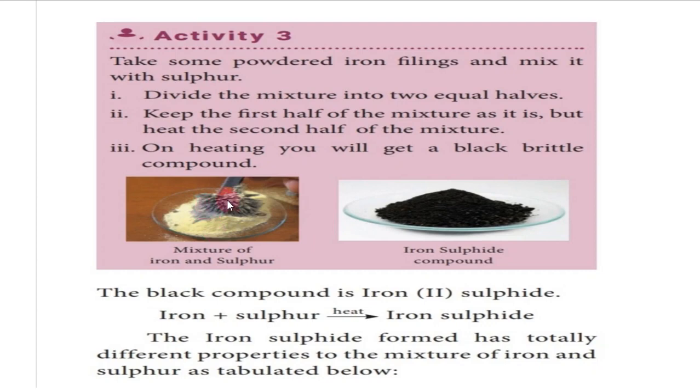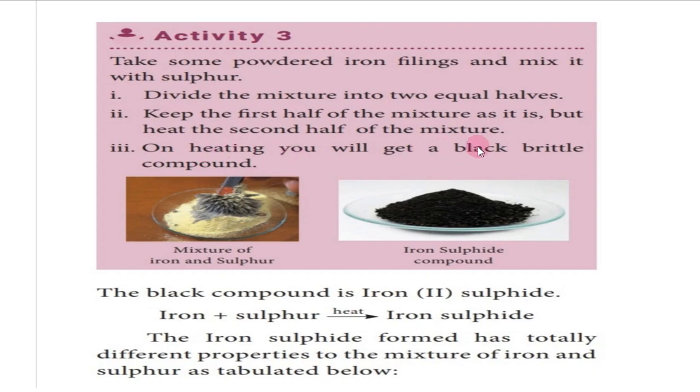So after mixing, you have to divide this into two parts. One half you have to keep at rest, and the other half you have to heat well. Keep the first half of the mixture as it is, but heat the second half well.